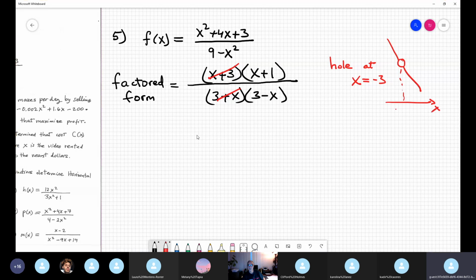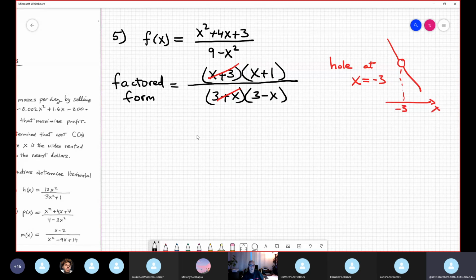And the hole is at x equals -3. Okay, I want to see it. And the new expression here, obviously easier than the original, is x plus 1 over 3 minus x. You focus on this new one. By the way, this new one is equivalent to the original except at 3 and -3.